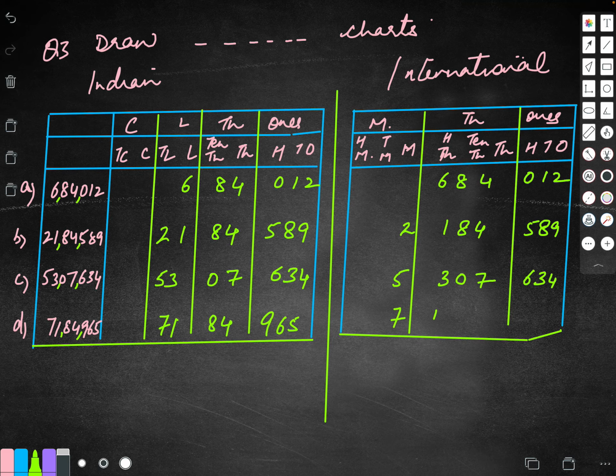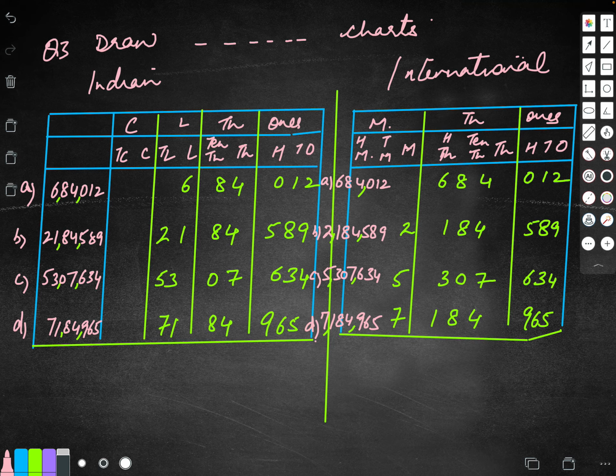This will be 7,184,965. I will write numbers again for you. 684,012, 2,184,589, 5,307,634, 7,184,965. You can put commas as per the international system now, and then you can fill up the required table like this. Got it, children? This is A, B, C and D.